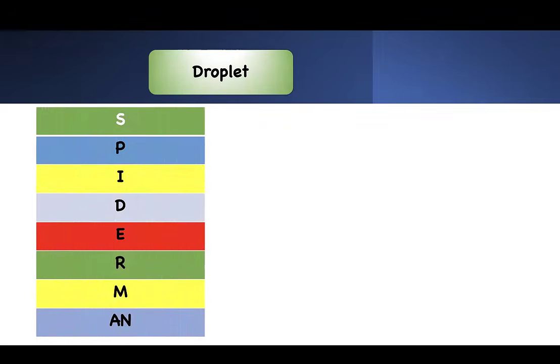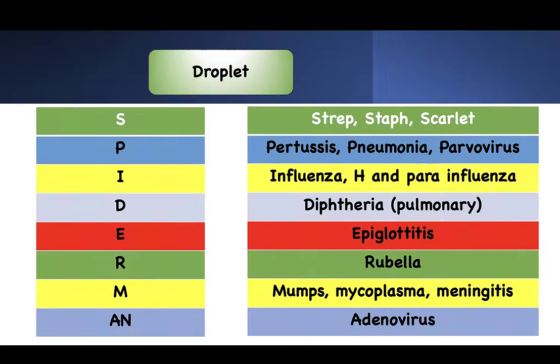Now, let's get to droplet. The organism has to fly and land somewhere, so I call it what? SPIDERMAN. It has to fly and land somewhere. It can't stay in the air forever. And it's spelled SPIDERMAN. What does that mean? The S is anything that starts with S most of the time.